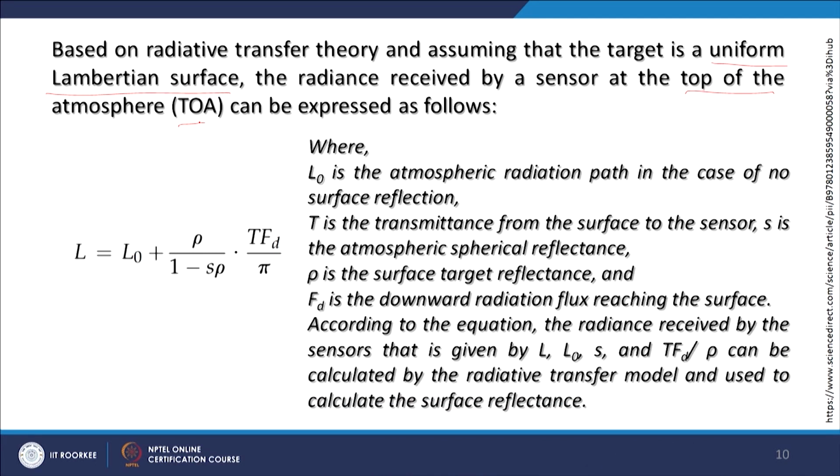According to this equation, the radiance received by the sensor is given by L, and L0, S, T, F can be calculated by a radiative transfer model and used to calculate surface reflectance. At this stage you can realize that so many parameters are required, and they are dynamic, and that creates some problems.